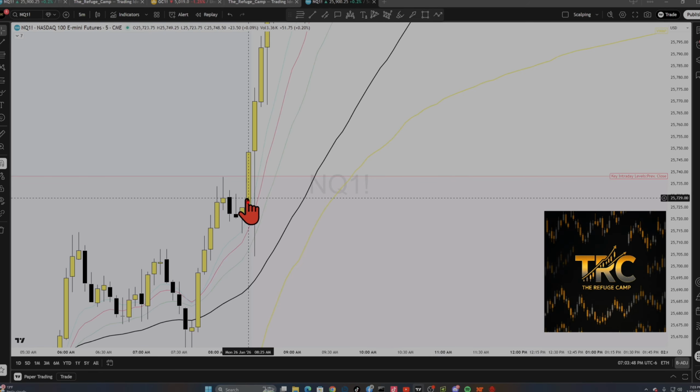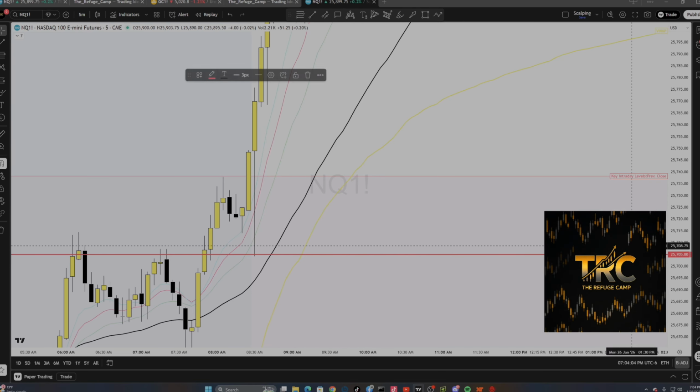We have a continuation of a floor. Here's the retest, right? This is the guy you're waiting for. You're not trying to get in here. You're not trying to get in here. You want the guy that comes down and says, guess what? The floor on the board is exactly where it was presented.